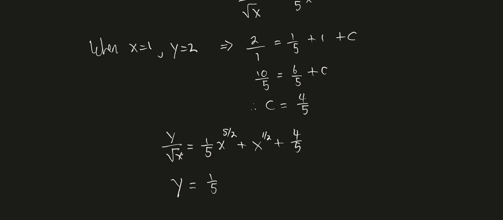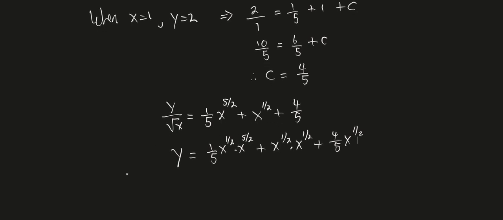So I'm going to write this back with the fractional exponent so that I can simplify these terms. So I'll have x to the 1/2 times x to the 5/2 plus x to the 1/2 times x to the 1/2 plus 4/5 times x to the 1/2. So multiplying all three terms on the right hand side by x to the 1/2, this is what I get.